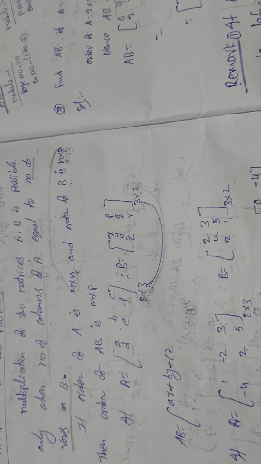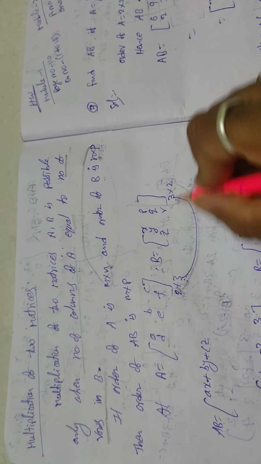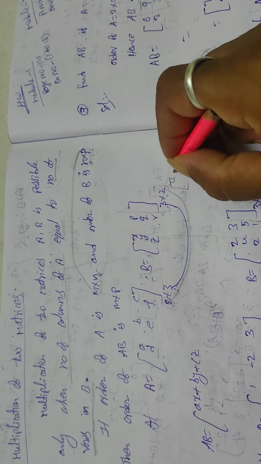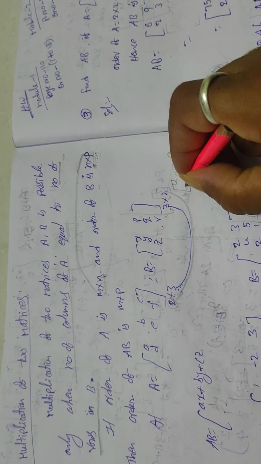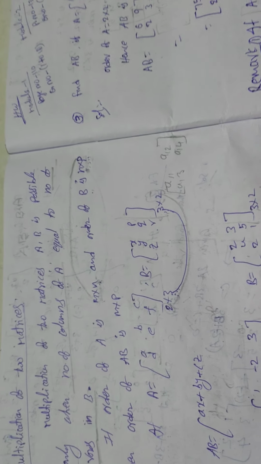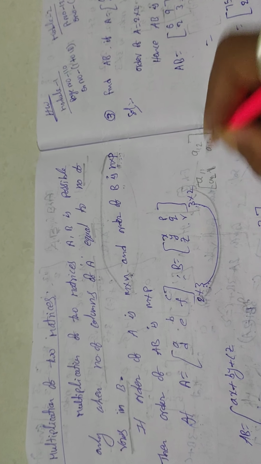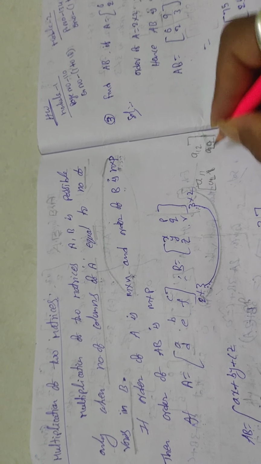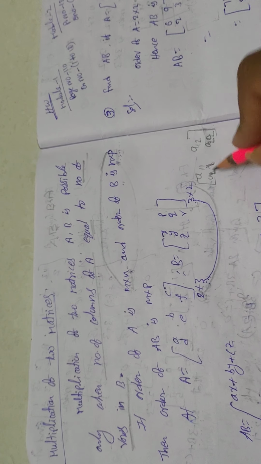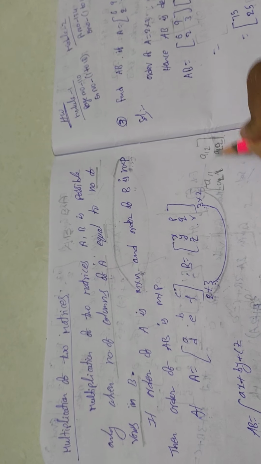Now I will explain how to multiply. See here, how will this 2 by 2 matrix be? In general form, a 2 by 2 matrix is A11, A12, A21, A22. Already I told you, this is the first row, this is the second row.